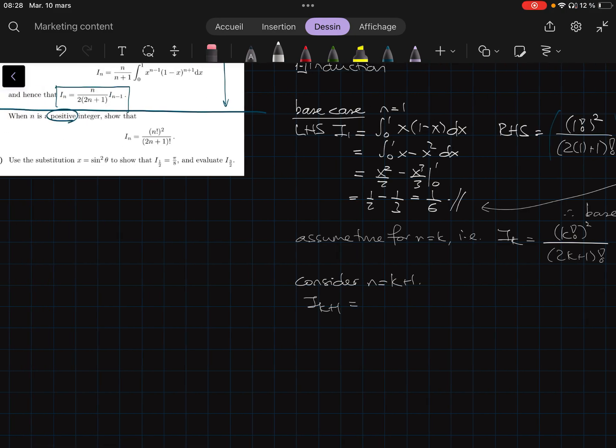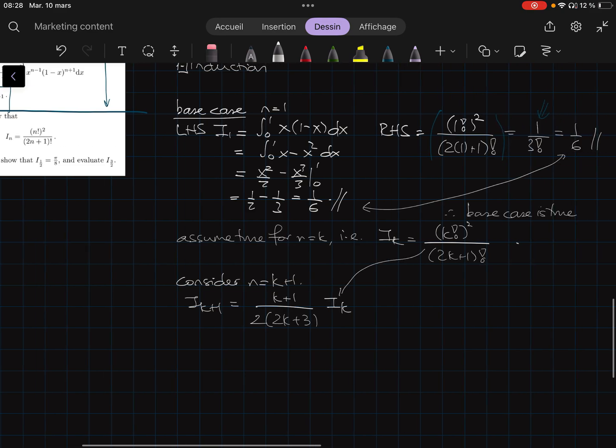From part 1, we can replace n with k plus 1 to obtain the relationship between I_{k+1} and I_k. And we're doing this so that we can use the result that we just assumed.